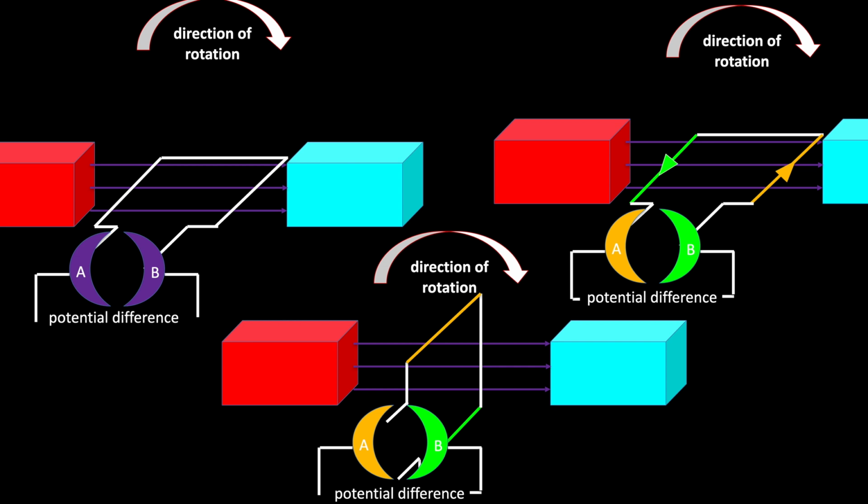These diagrams show the three phases of a dynamo. In the first phase, using Fleming's left-hand rule, we're able to deduce that the direction of current is in this direction, very similar to an alternator.